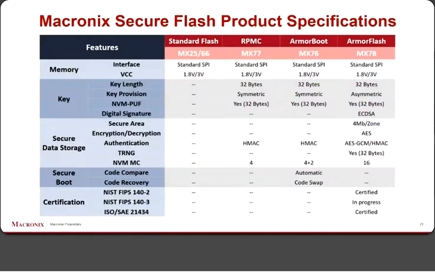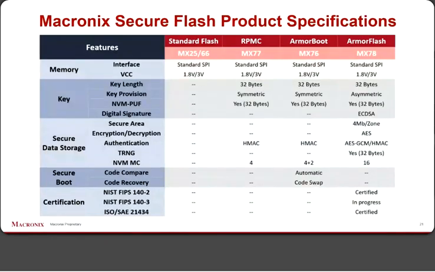Armor Flash is asymmetric. And then PUF, or the physically unclonable function, which essentially is a fingerprint that is intrinsic to each device, and it's unique. It's highly unique, which is commonly used today. We support that in our RPMC product, Armor Boot, and Armor Flash.